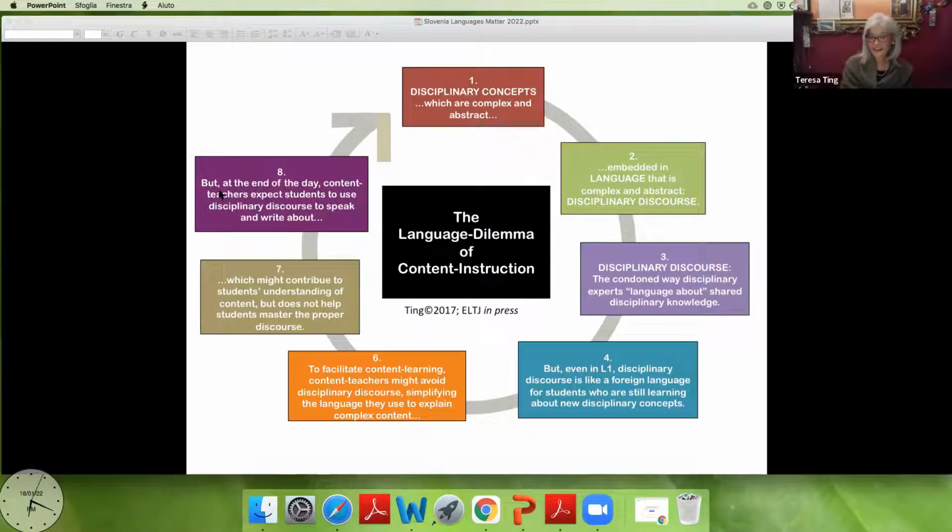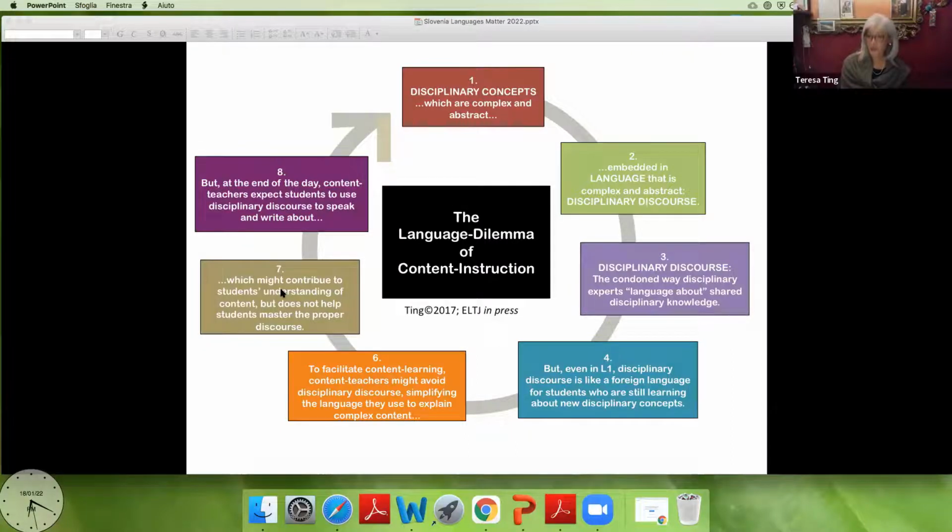But, at the end of the day, content teachers expect their students to use disciplinary discourse to speak and write about where we started, disciplinary concepts. So, teachers simplify the language to help understand the content.